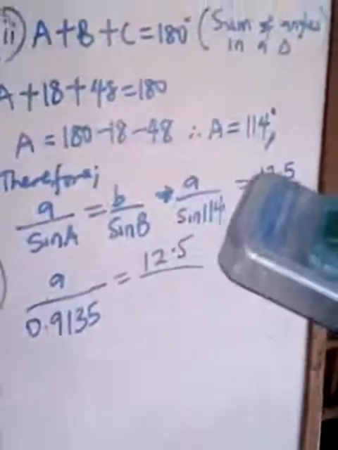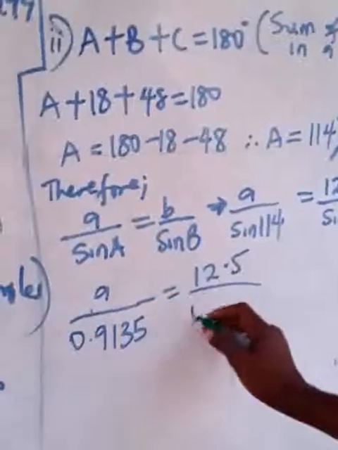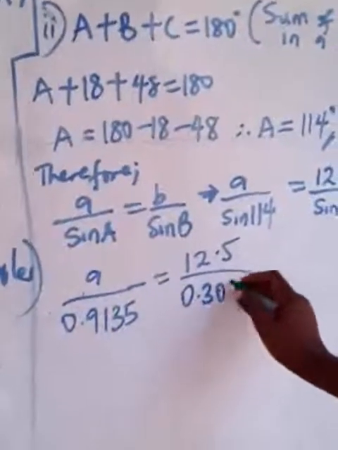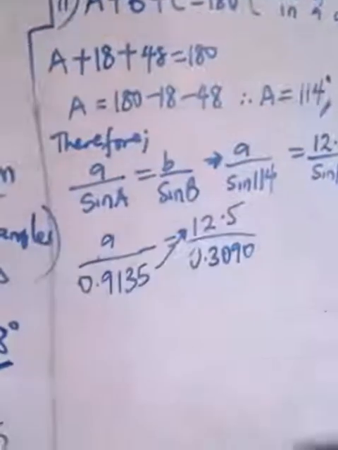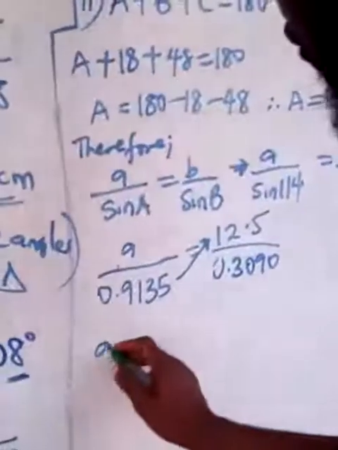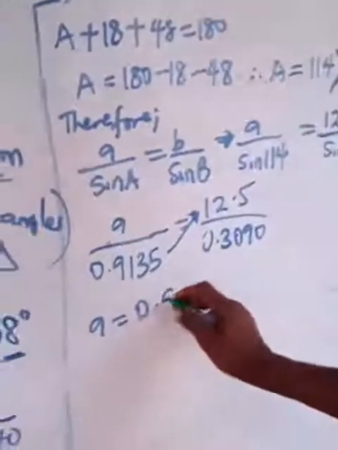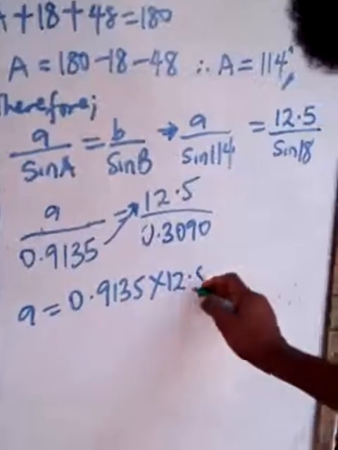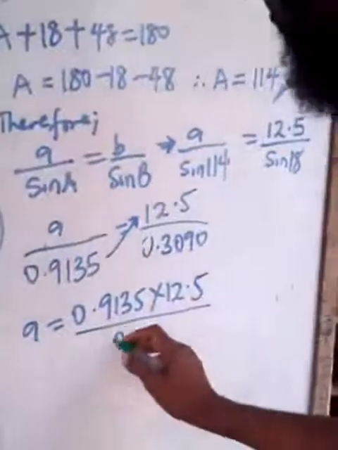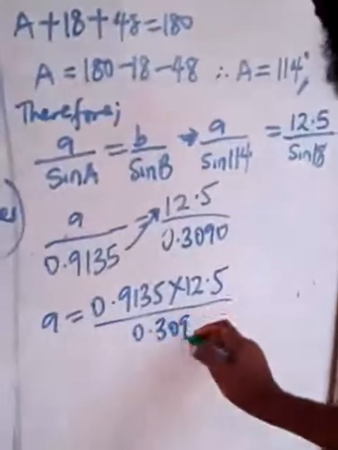Sine 18 is 0.3090, we've pressed it before. If we do partial cross multiplication to make a stand alone, a is equal to 0.9135 times 12.5 over 0.3090.